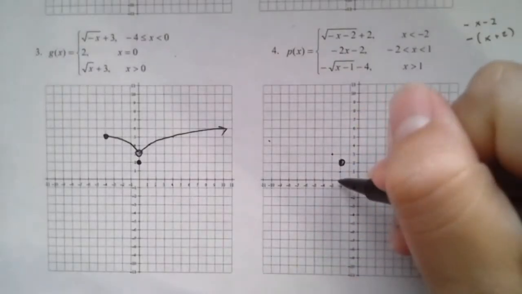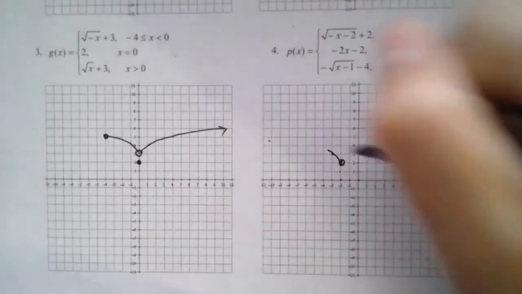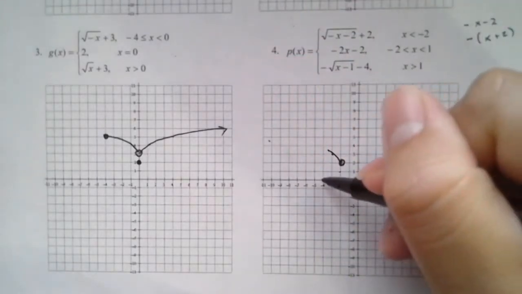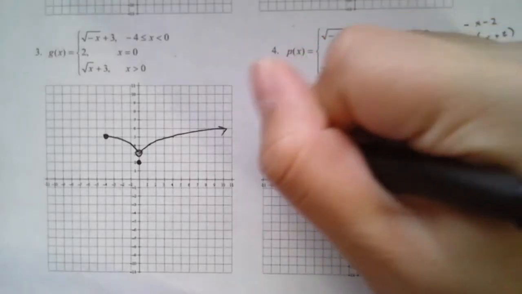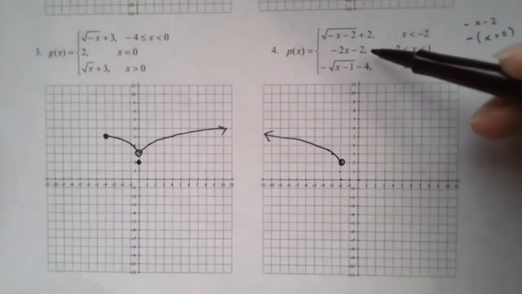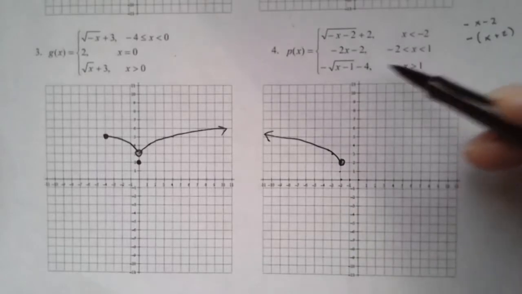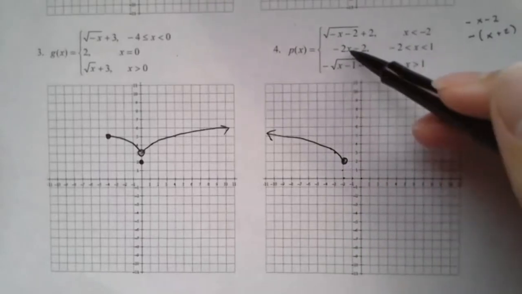It'll be something like this. Next one is linear. Let's evaluate at negative 2. So at negative 2, when I plug it in here, I get positive 4.